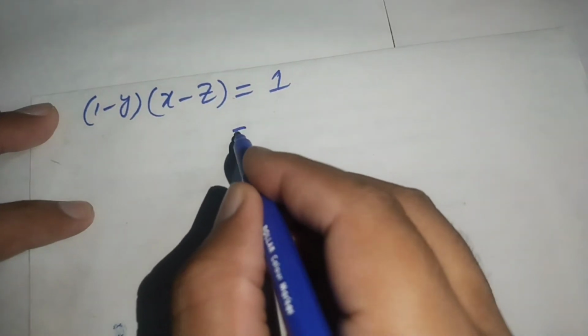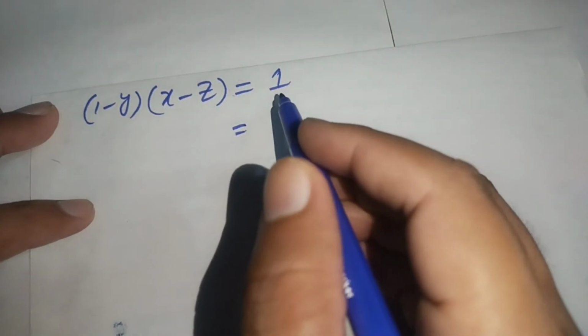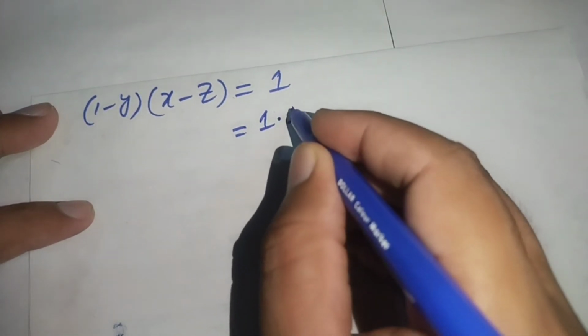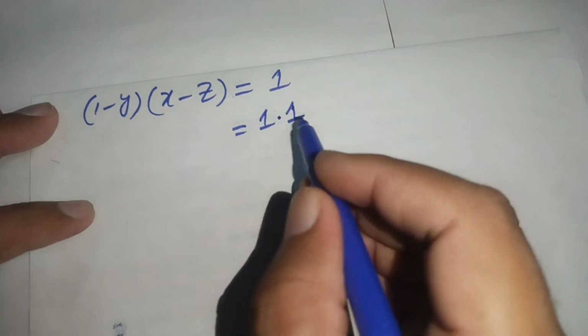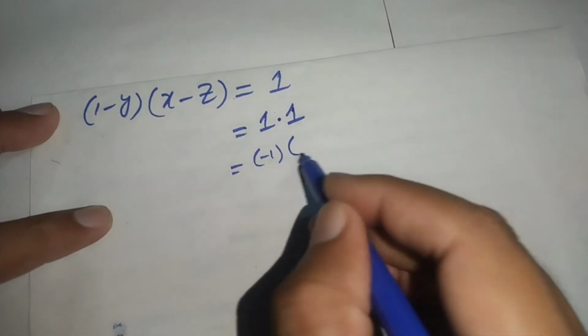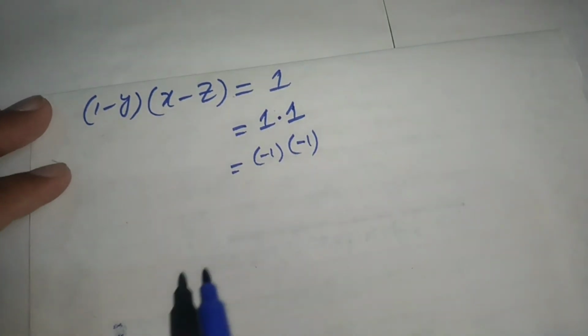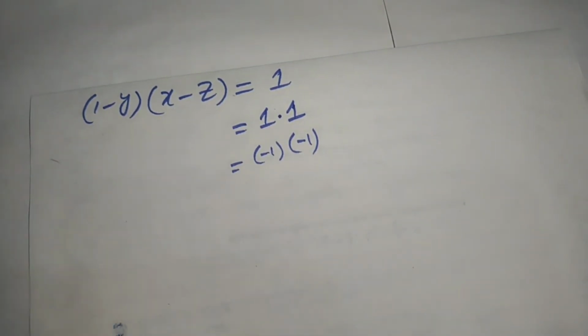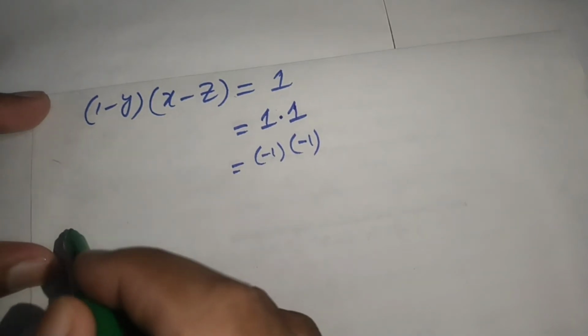We know that we can get 1 in two ways: 1 times 1 gives 1, and when we multiply minus 1 times minus 1 then we will also get 1. Okay, so here we obtain two cases.